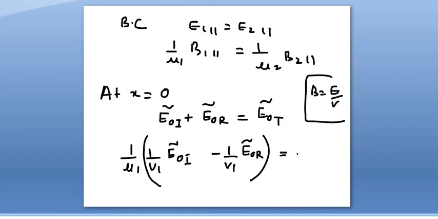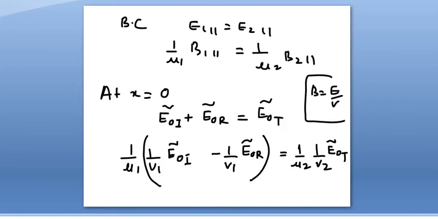This will be equal to 1 by mu2, 1 by V2, E0T. The right hand side, B2, means the transmitted wave. The left hand side corresponds to the incident and reflected wave, and the right hand side corresponds to the transmitted wave. So now you get an expression like this.